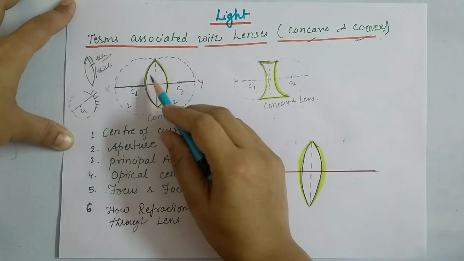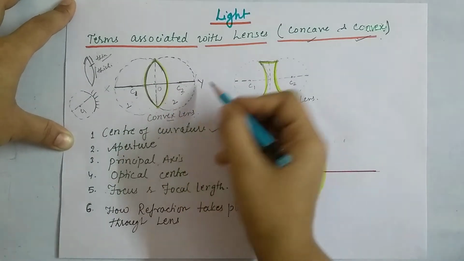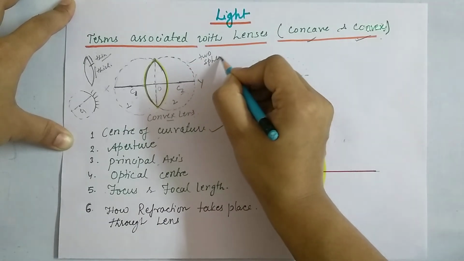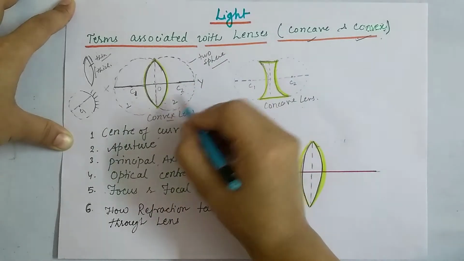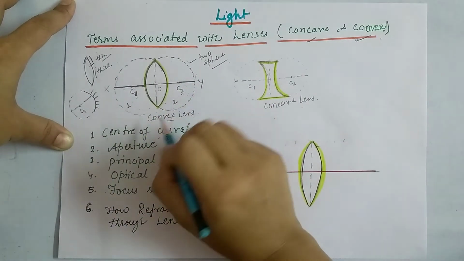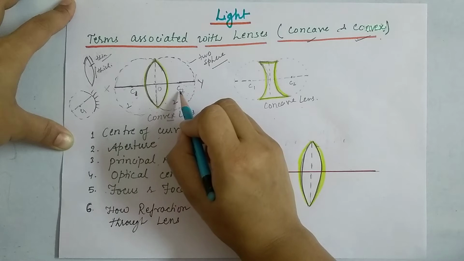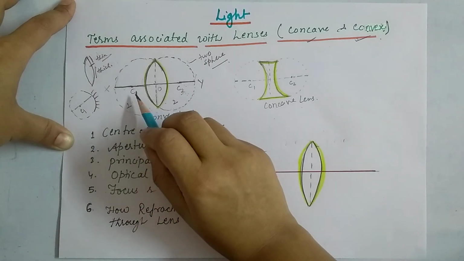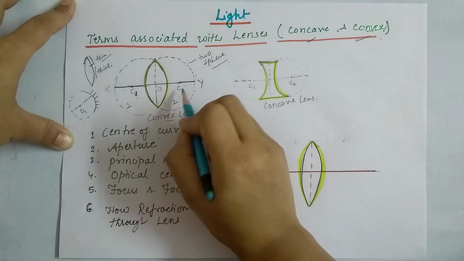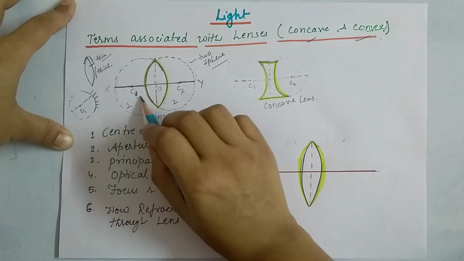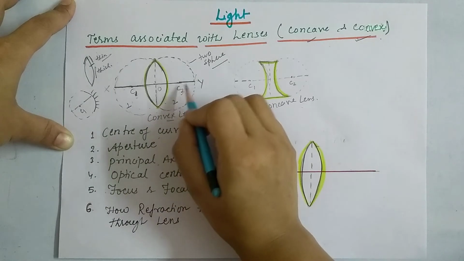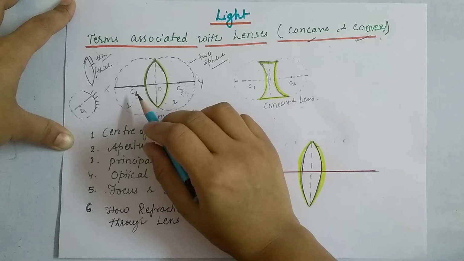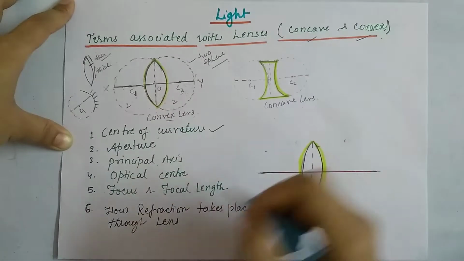Because the lens is always made from two spheres. That's why they have two centers of curvature, C1 and C2 that I marked. You can mark it as C2, C1, whatever it is. The marking is up to you, which side you want to make C1 or which one you make C2. It depends upon you.